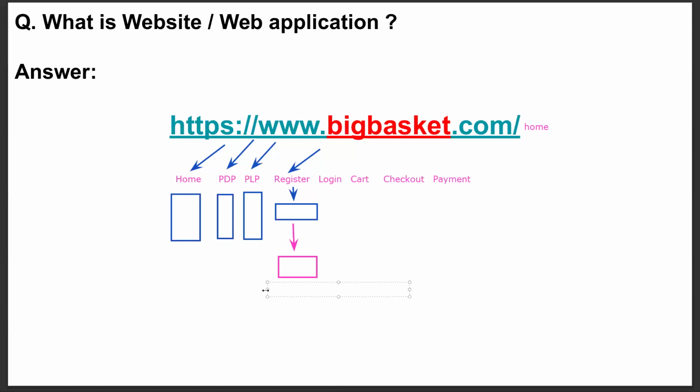You'll get a message: OTP sent to a number ending with some phone digits, plus 91, and enter the OTP here. Guys, this is a message I was displaying in this pink color box. Now tell me, is this page response the same for everyone or individual to individual? Individual to individual, right.